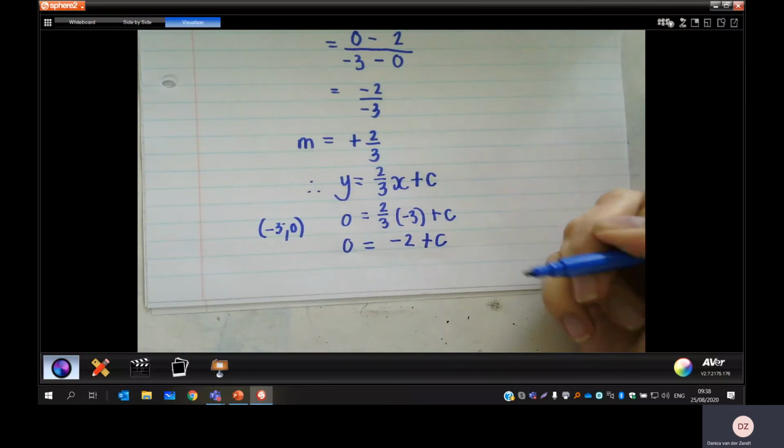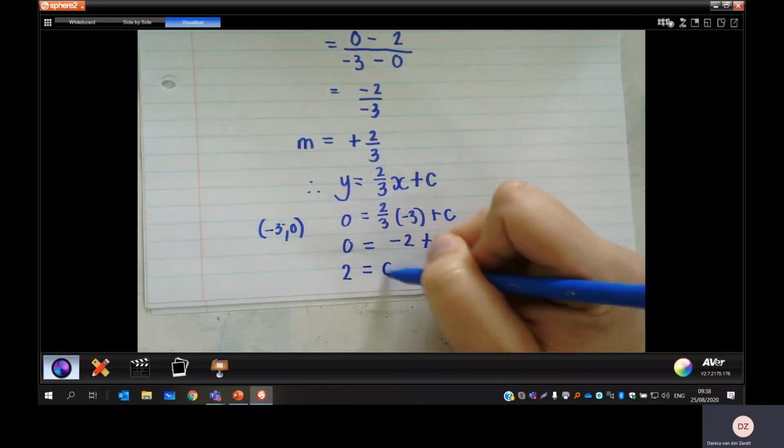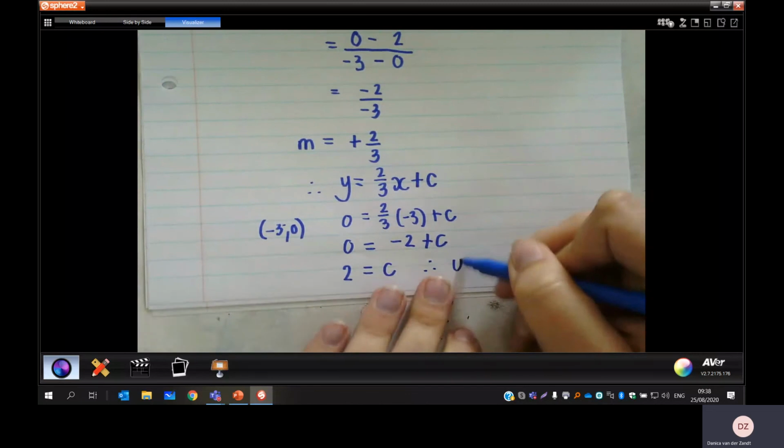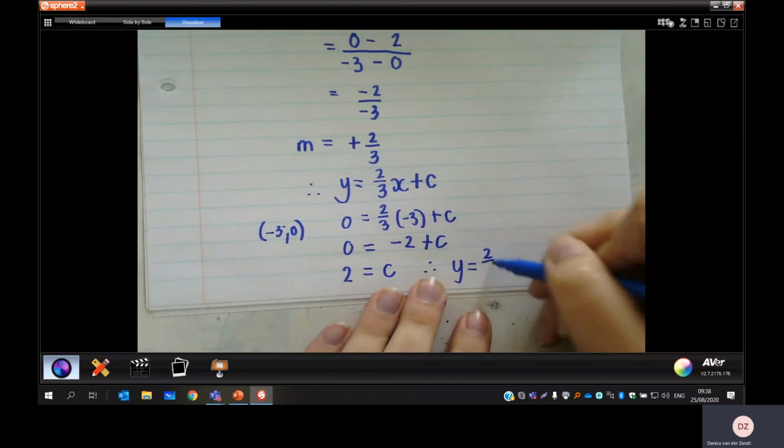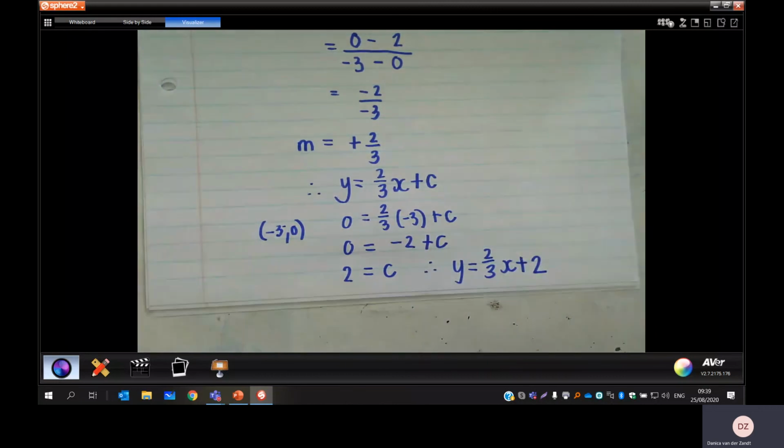I specifically did it the longer way, and then -2 taken over is +2. Therefore, my gradient equals 2 over 3. My intercept is +2.